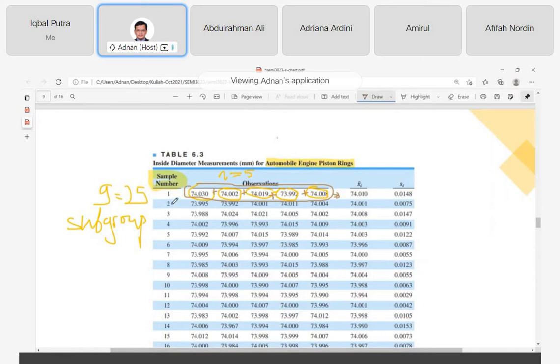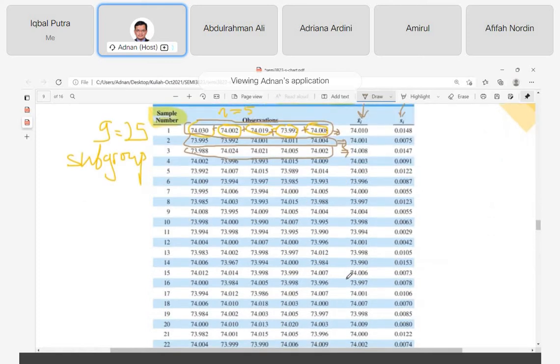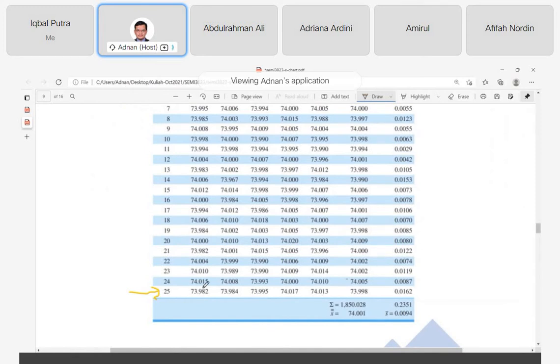Okay, when you go, for example, at 9 a.m., you take another 5. So this is the average value for X bar, and we have the S here. S is the standard deviation for the sample. We continue doing this for 25 samples, until here, and you get the X bar.